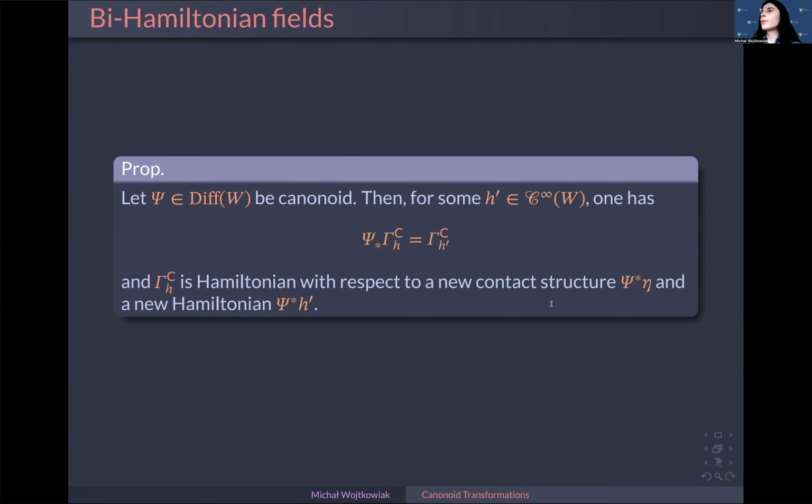So if we push forward the Hamiltonian vector field, we get a Hamiltonian vector field, but also that original Hamiltonian vector field is Hamiltonian with respect to a different contact structure and a different Hamiltonian as well. So this is, again, very similar to the symplectic bi-Hamiltonian systems.